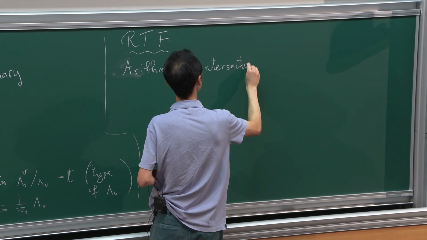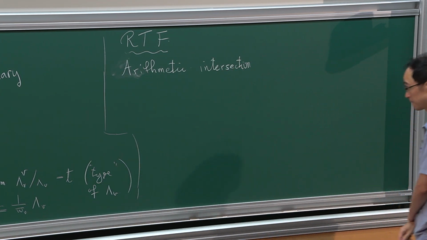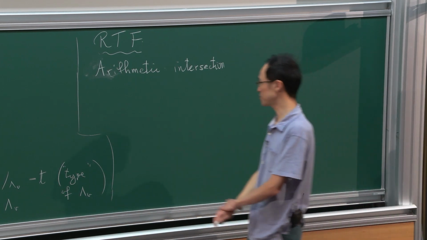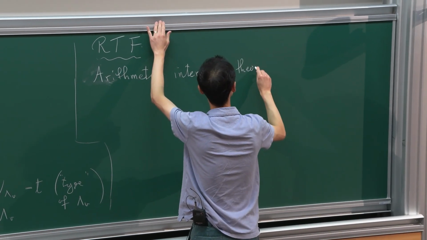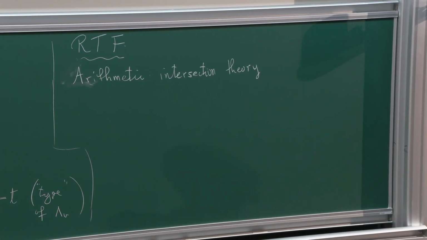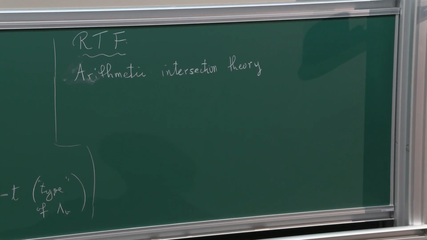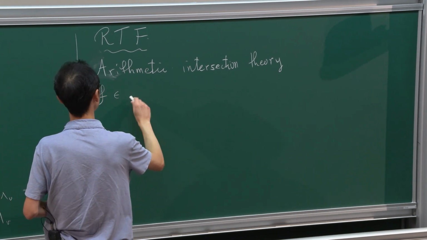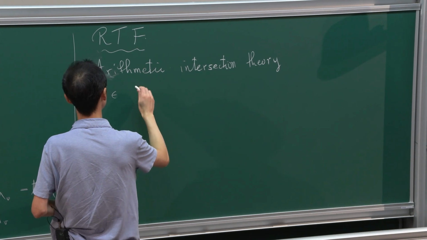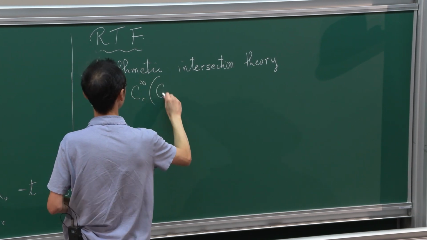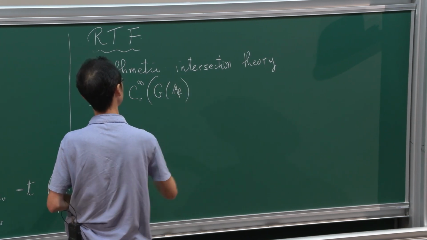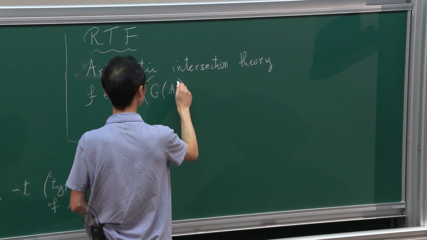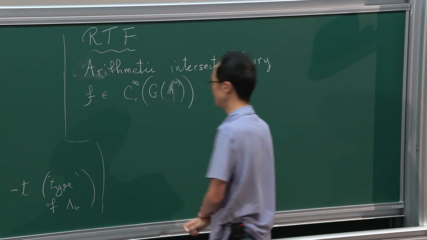Here I mean either the height pairing or one of the two alternatives I mentioned in the last talk, either the Gillet-Soulé intersection theory or the p-adic height. At least locally, for the local heights, these two intersection theories essentially rely on the same type of computation. So let's take a function f, say in the Hecke algebra, a compactly supported function away from infinity.